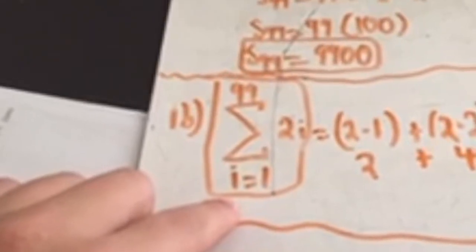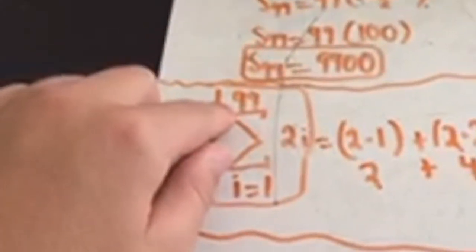For number 1b, it's asking us to complete the missing parts to also represent the sum in summation notation. Summation notation is when you use a sigma and you find this i over here. i is like the first term out of the entire set, and up top here is the number you're going to. So the number you start with and the number you go to.